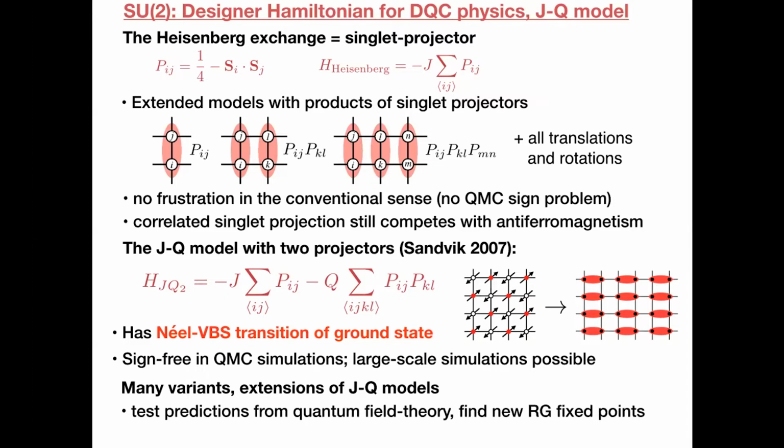So this is like a machinery to test quantum field theory predictions, but not only test, because sometimes we can also discover things that have not been thought of before. I would like to stress that this numerics is not just always testing; it's also like doing some experiments and potentially finding new fixed points even. With these kinds of models, we can also make direct contact with experiments.